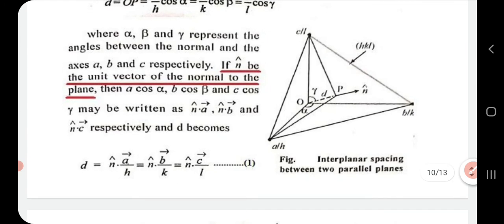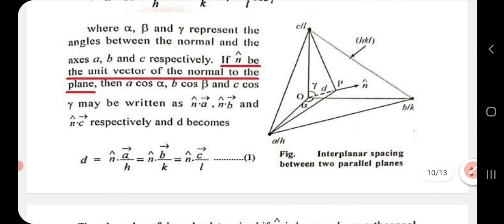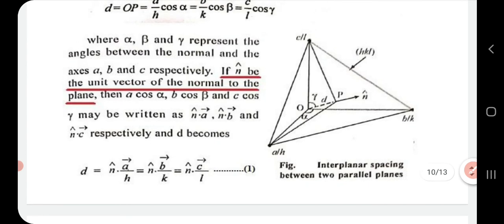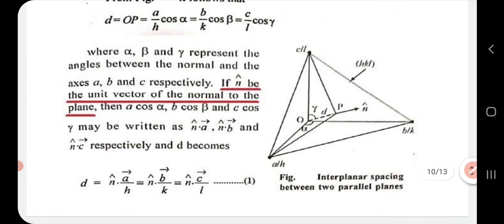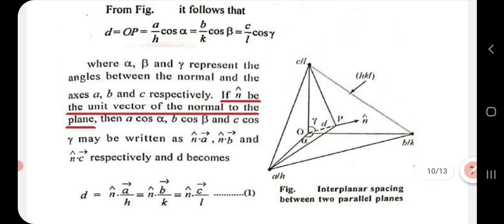Now, let n cap be a unit vector normal to the plane, then a cos alpha, b cos beta and c cos gamma can be written as n cap dot a vector, n cap dot b vector and n cap dot c vector respectively. So just make that substitution, and then the d value will become, how will that become?